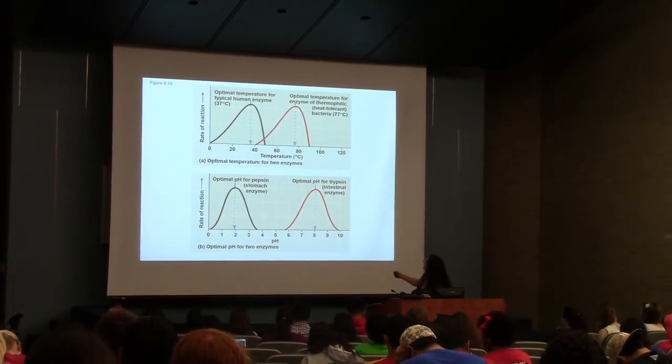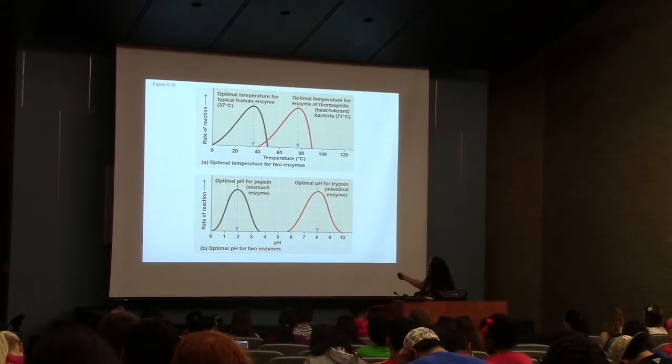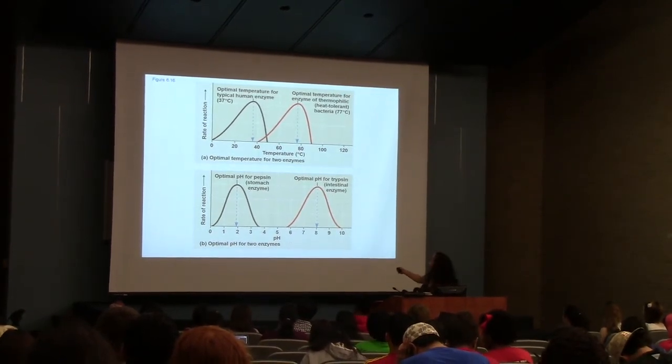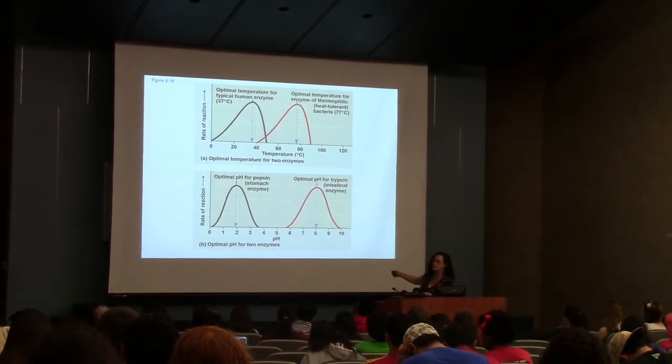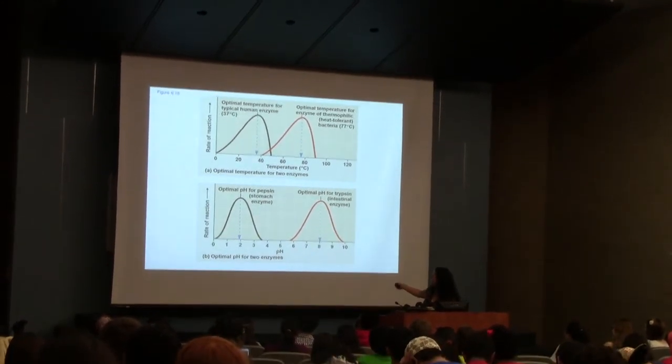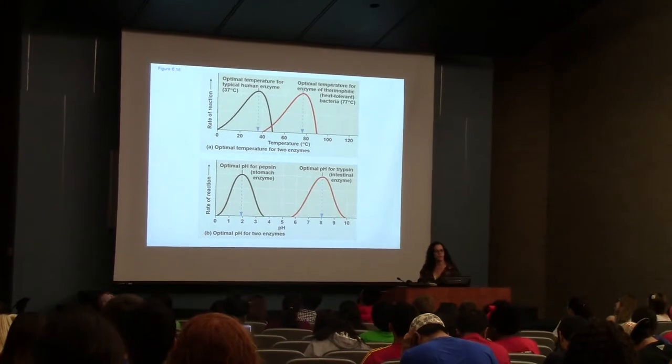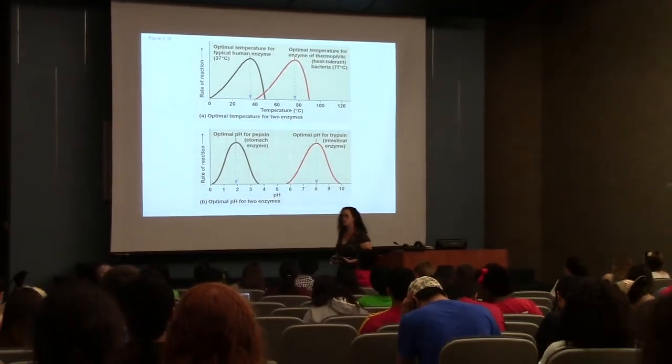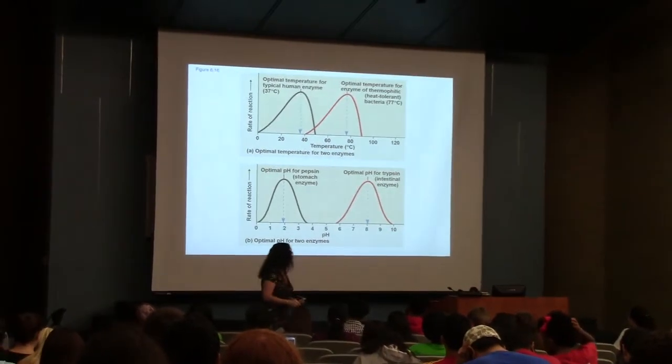So if you get an enzyme from a bacterium that has an optimal temperature of 77 centigrade, and bring the temperature down, then you won't have the same activity or the same efficiency of activity of that protein.